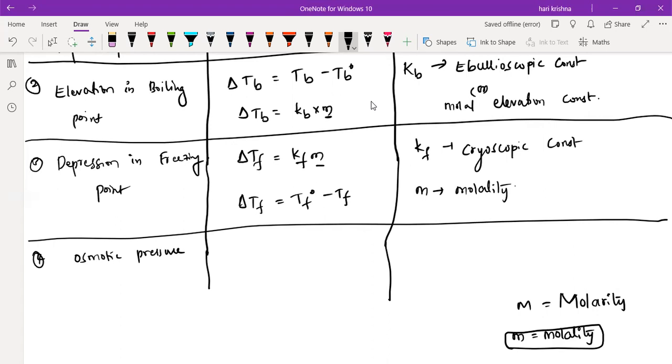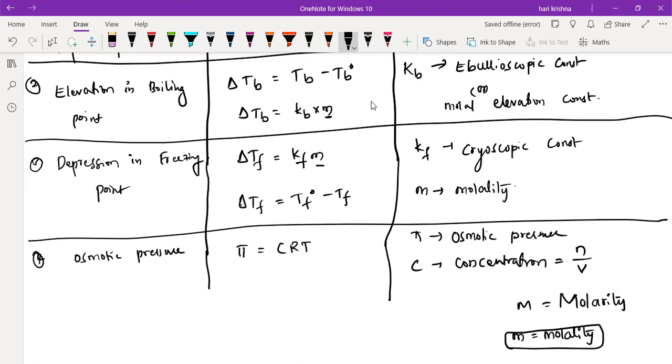Next one is the osmotic pressure, indicated with pi, equal to CRT. Here pi is the osmotic pressure, and C is the concentration. What is the concentration formula again?